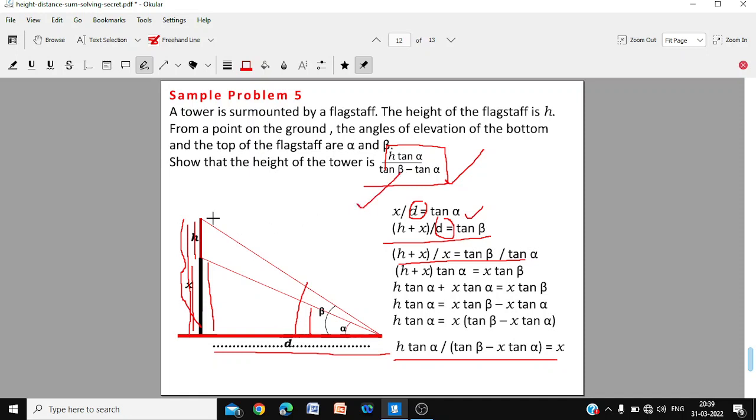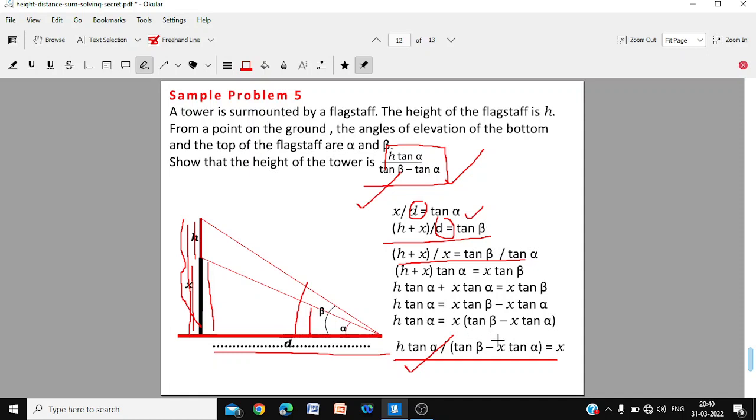So h plus x upon d is tan beta and x by d is tan alpha. Divide the equations in order to eliminate d. We don't need d. And then you are getting this one. And on simplifying, you are getting the value of x as h tan alpha upon tan beta minus tan alpha.